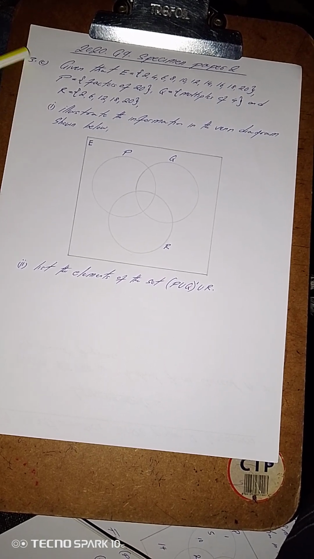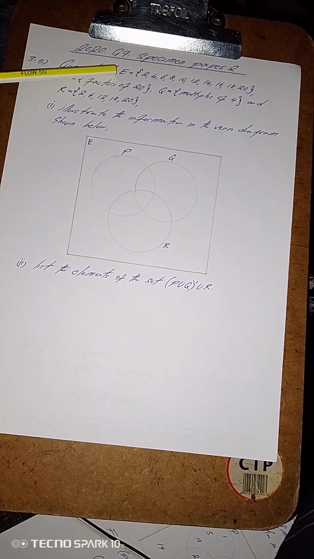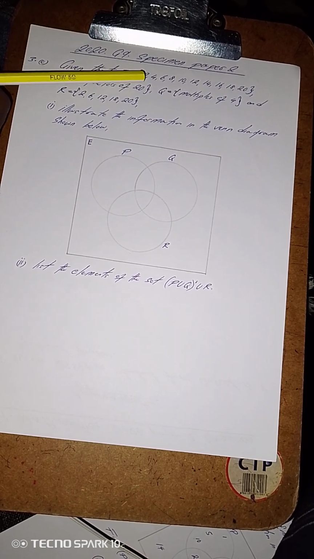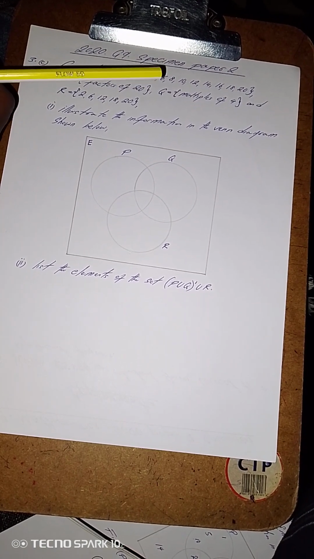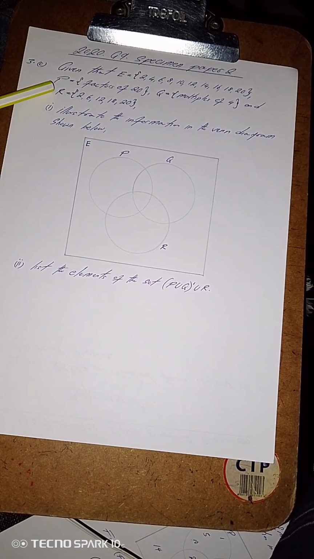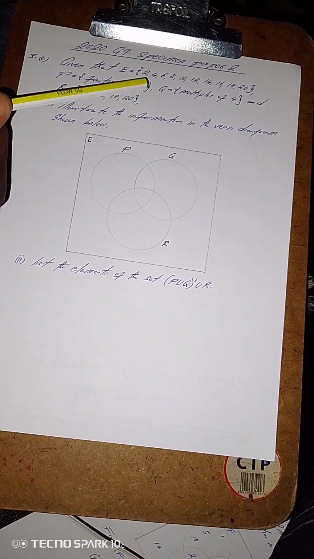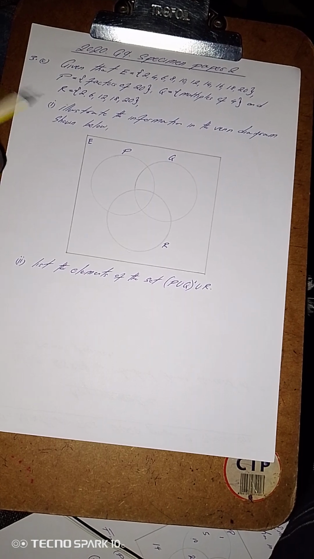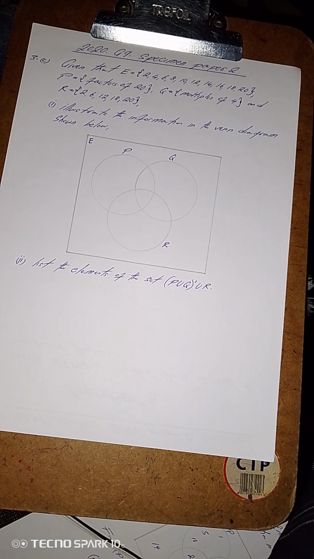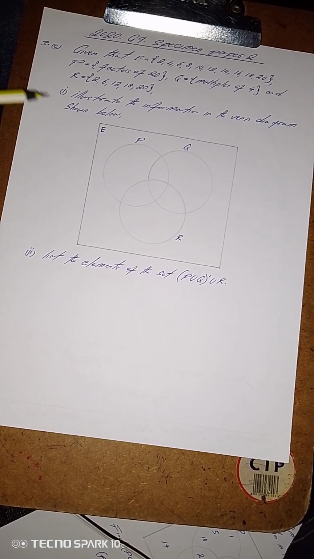The question reads: given that the universal set is {2, 4, 6, 8, 10, 12, 14, 16, 18, 20}, P equals factors of 20, Q equals multiples of 4, and R equals {2, 6, 12, 18, 20}. The question is saying, illustrate the information in the Venn diagram shown below.